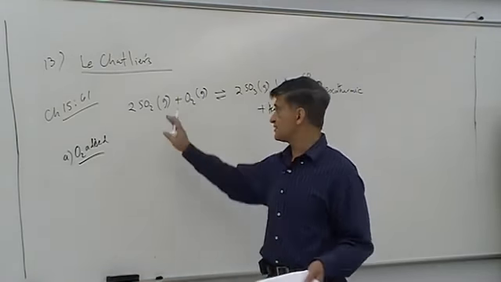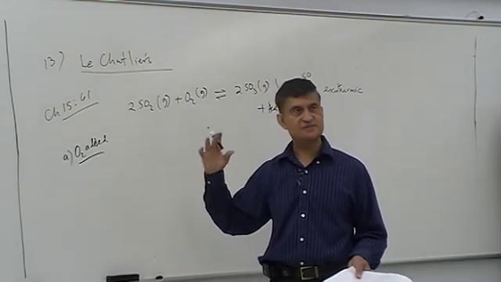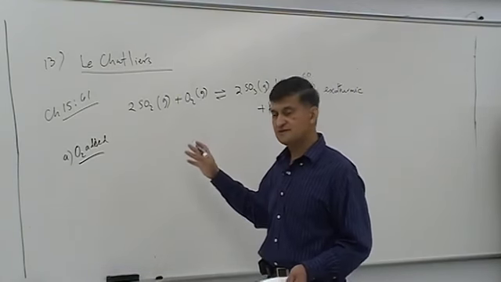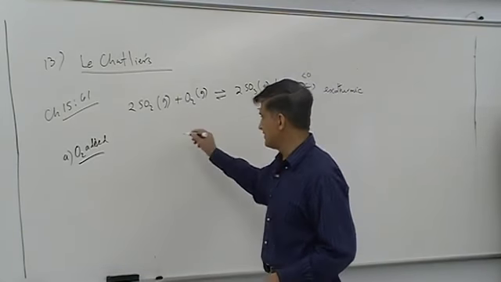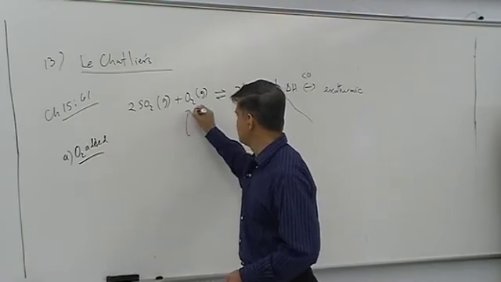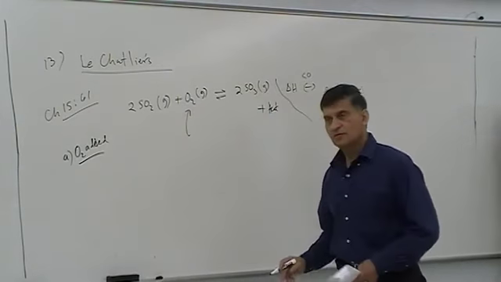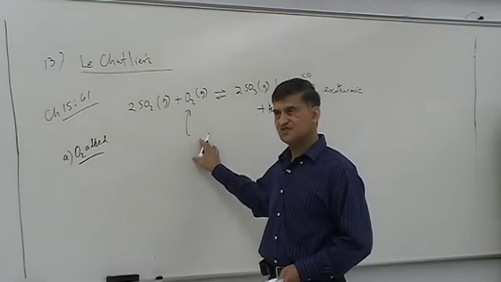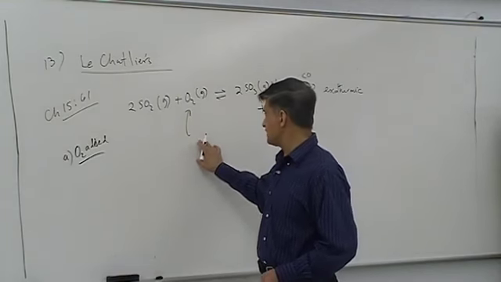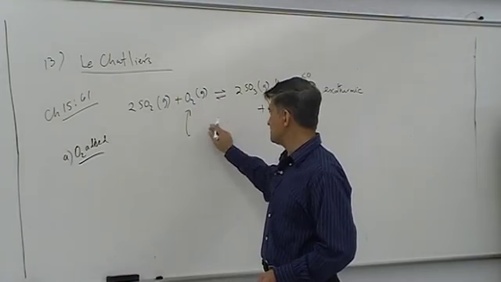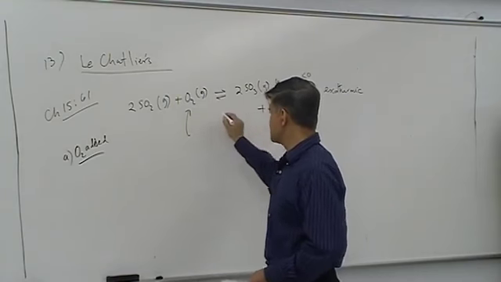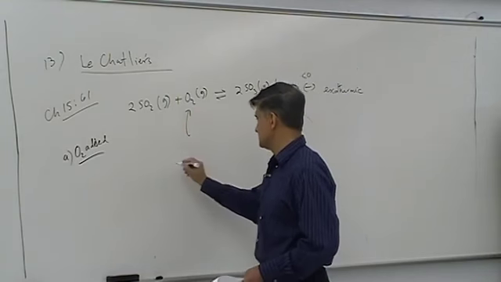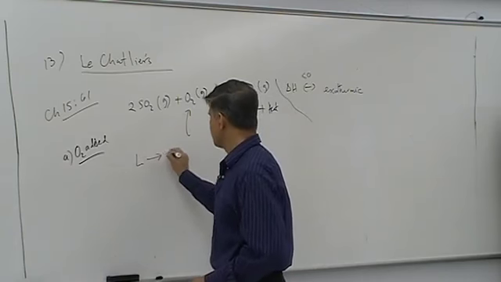So Le Chatelier's principle says that if you disturb that, and you can cause a disturbance in many ways, one way, in this case, is adding oxygen. So when oxygen is being added, you should try to get rid of this extra oxygen. So how can I get rid of this extra oxygen? By forcing this reaction to happen from the left side to the right side.